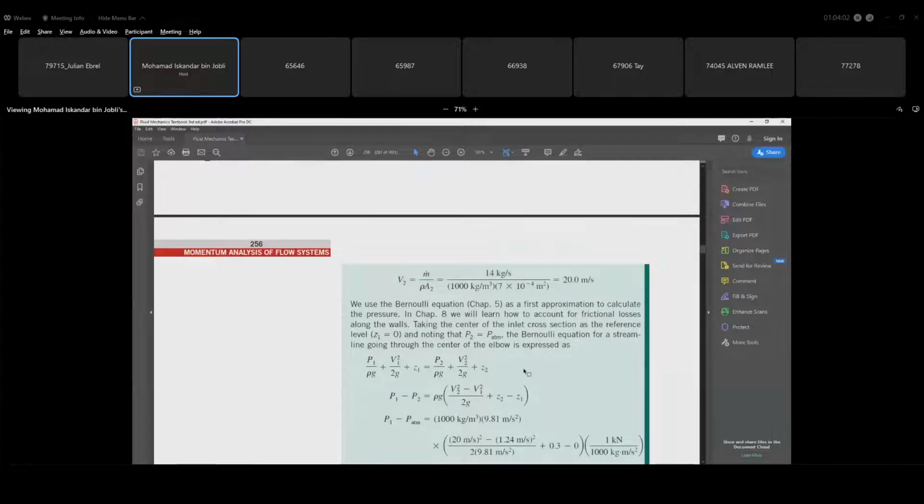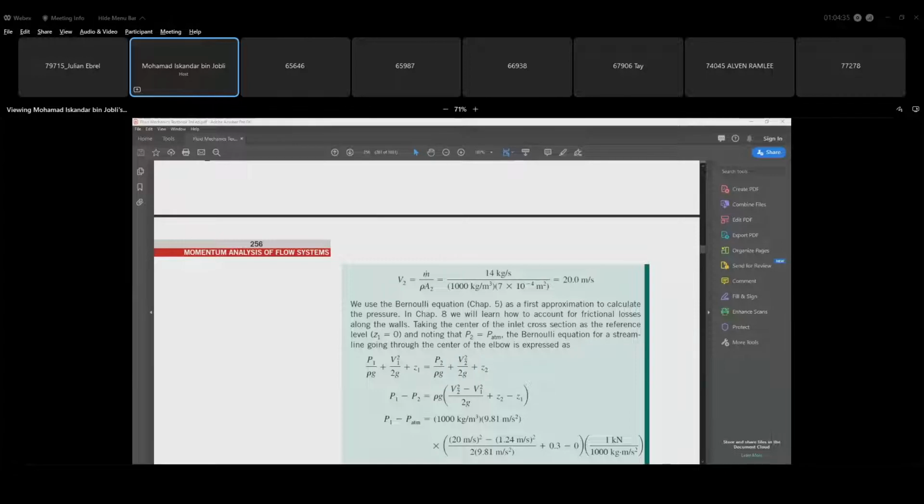The Bernoulli equation. Let's make it bigger. The Bernoulli equation: P over rho G plus V square over 2G plus Z. This is point number one.